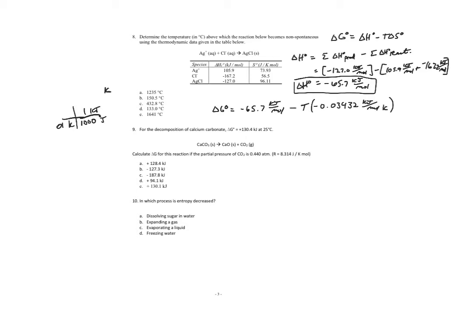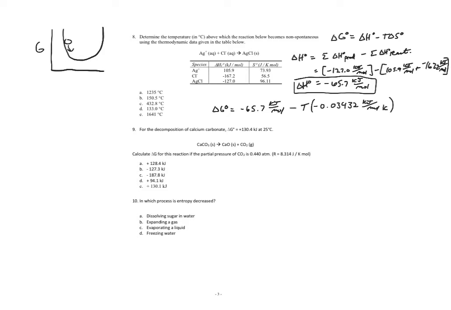Okay, so we've got our equation down here, delta G is equal to delta H minus T delta S. What we can think about now is how this value of delta G changes as it goes from being spontaneous to non-spontaneous. So the way I usually think about this again is with a ball rolling down a hill. My ball will roll down the hill spontaneously without any energy being added to it.